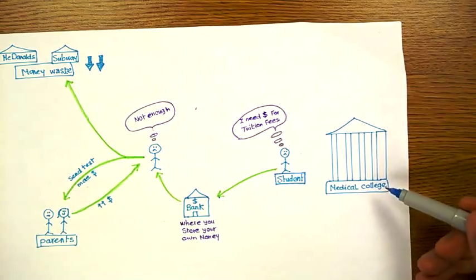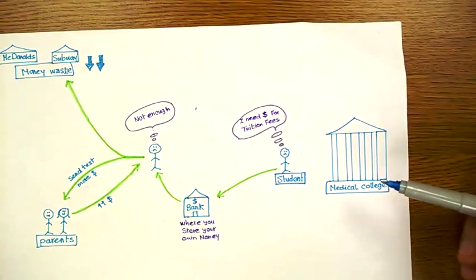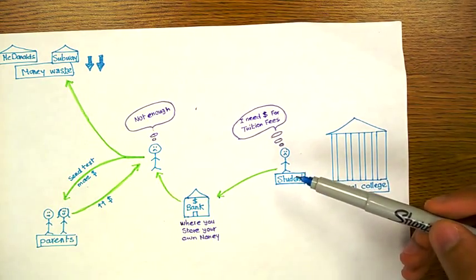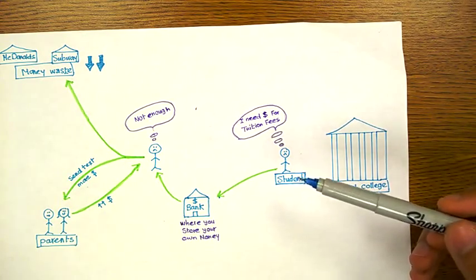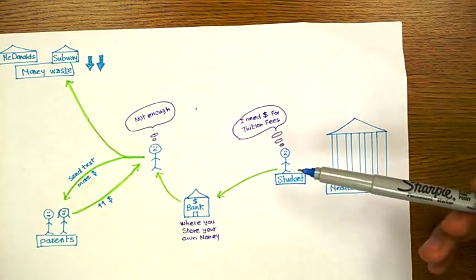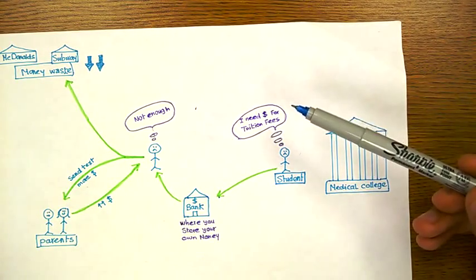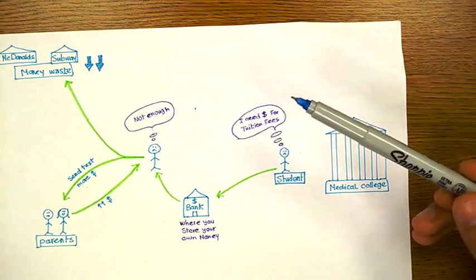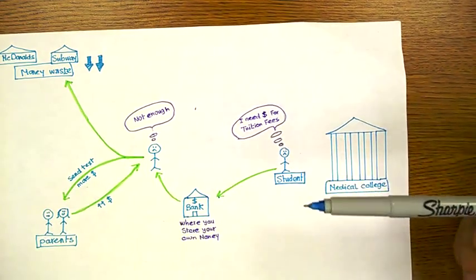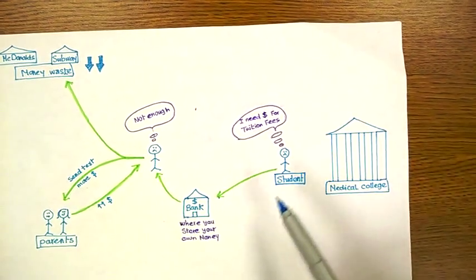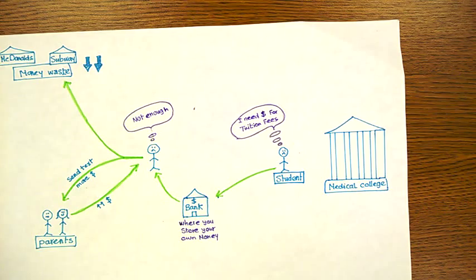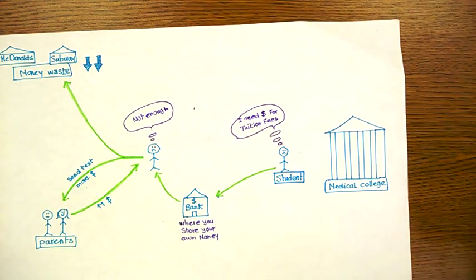Here is the college, and the college told this student that he has to pay his tuition fees. The student became confused and sad as he needed money for the tuition fees. So he went to his bank where he stored his own money, and he used the ATM.